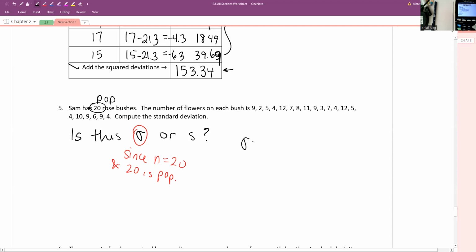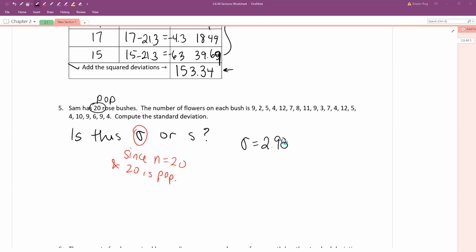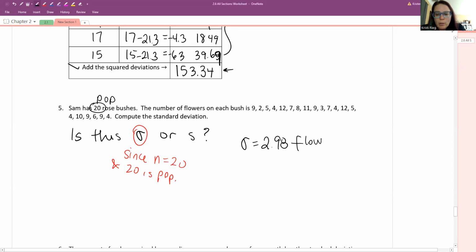So for this problem, sigma equals 2.98. In this example, it says the number of flowers on each bush. So I guess for flowers, we're going to say 2.98 flowers.